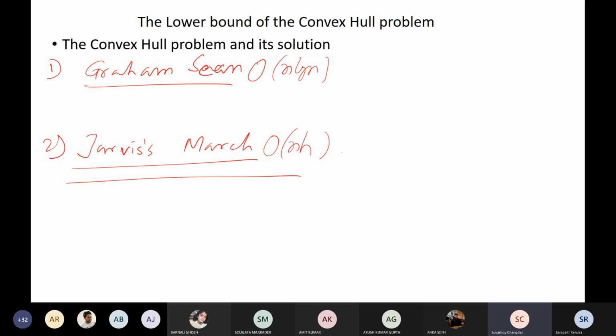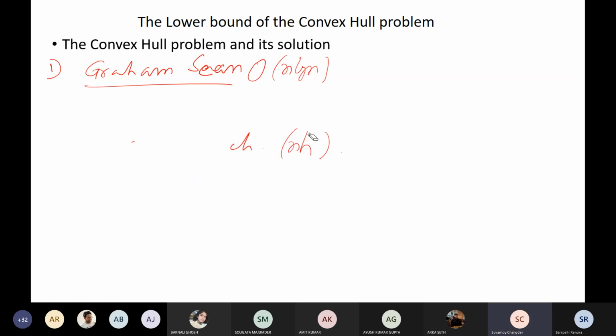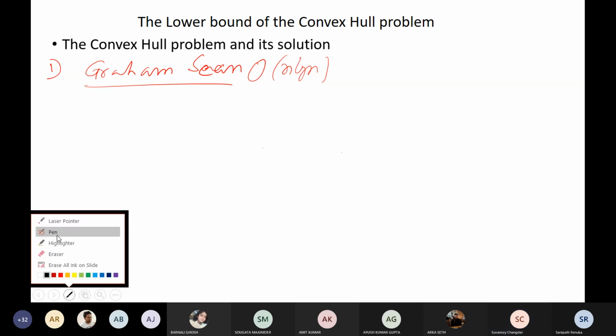So before going to the Jarvis march, let us briefly discuss the Graham scan. How does the Graham scan find the convex hull? It is like this.